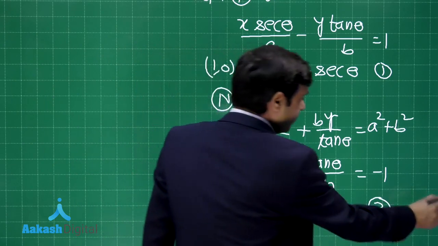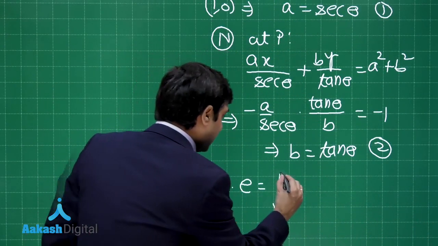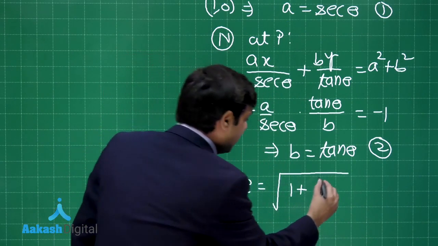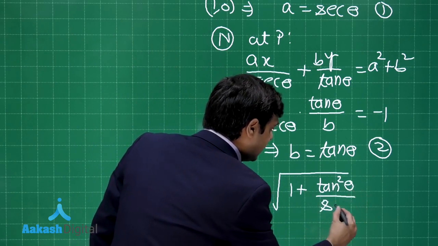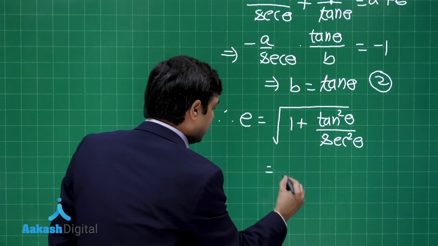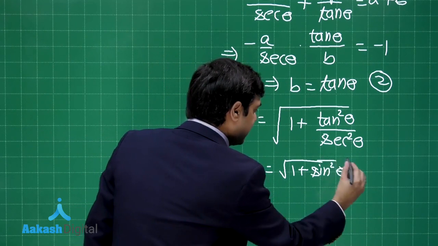Now, we have to talk about eccentricity. Eccentricity is root of 1 plus b square by a square. That is tan square theta by sec square theta. Or we can say this is equal to root 1 plus sine square theta.